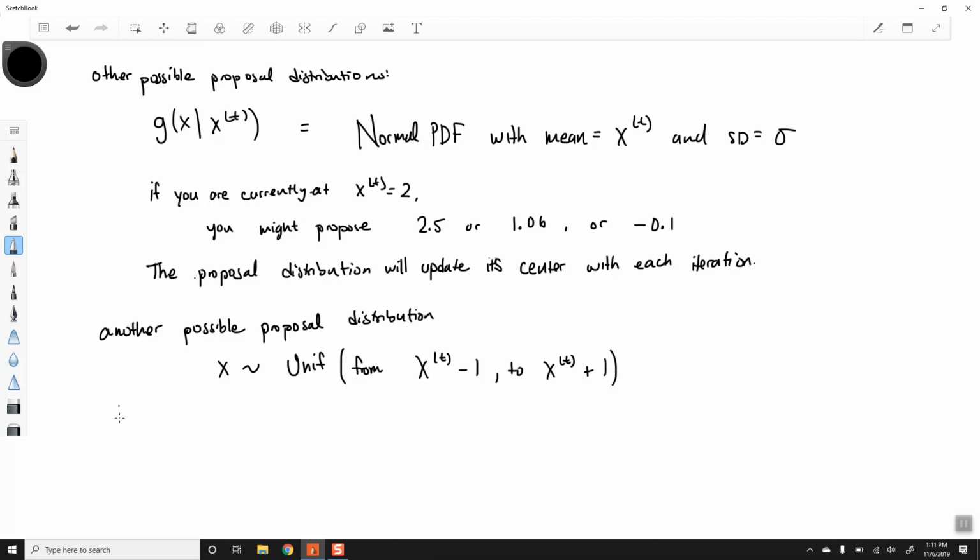The Metropolis algorithm requires that the proposal distribution be symmetric.